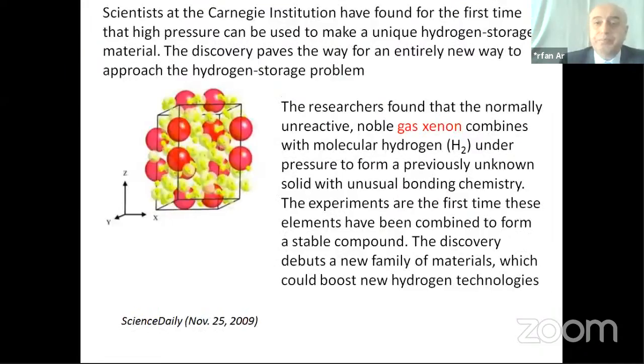For example, xenon, a noble gas, is unreactive to other materials, but the Carnegie Institution found for the first time that high pressure can be used to make a unique hydrogen storage material and similar things.